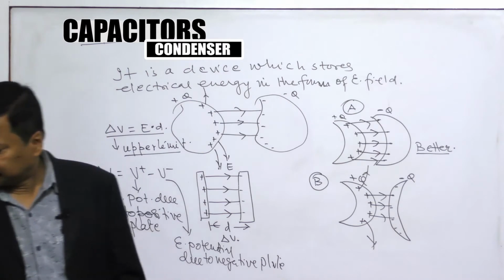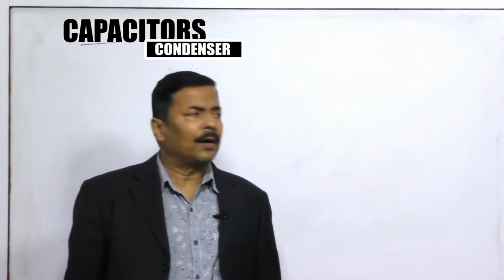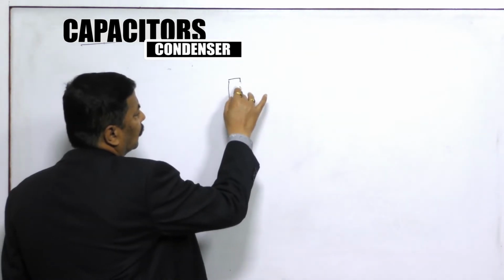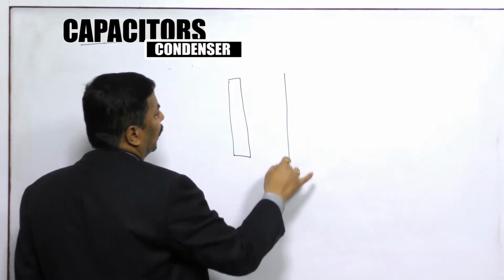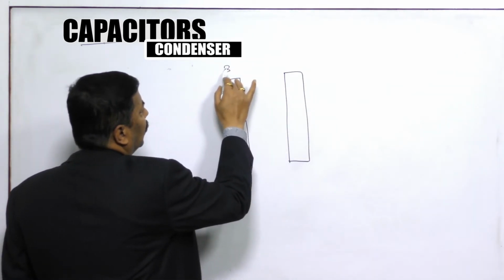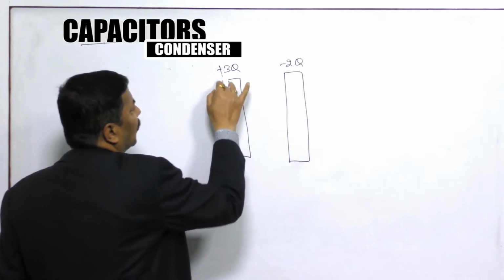See how? For example, suppose there are two plates. Here 3q charge is there, here minus 2q charge is there.